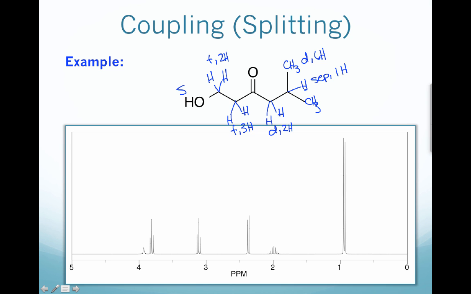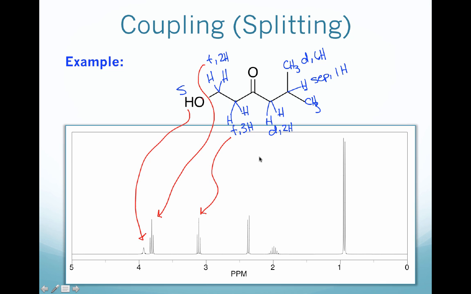Now, if we look at the NMR spectrum, here's our OH singlet. We have this triplet and this triplet. Well, the triplet next to the oxygen is going to be further downfield. So there's that triplet.